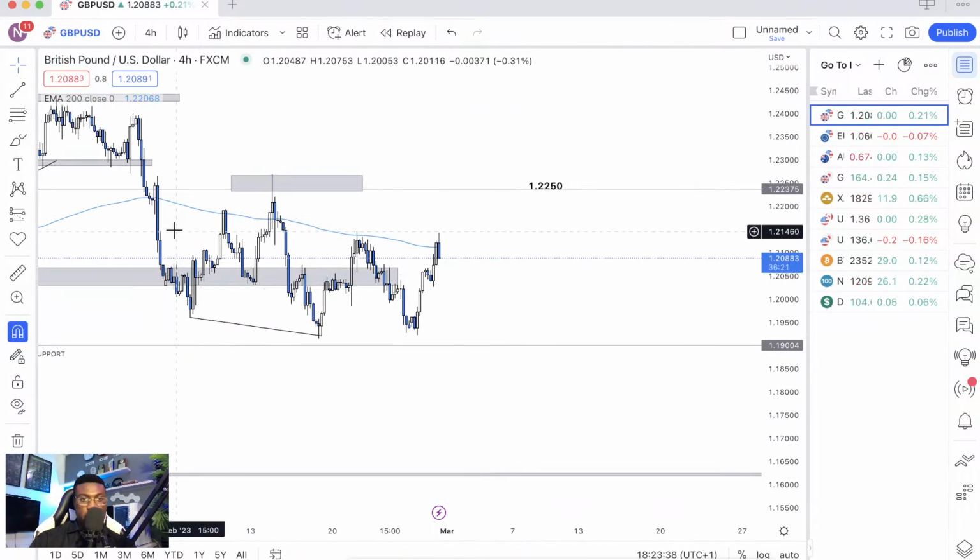You can see that it has just made a retest at the 200 period moving average, and the bears have taken over. The market has begun to push back to the downside.